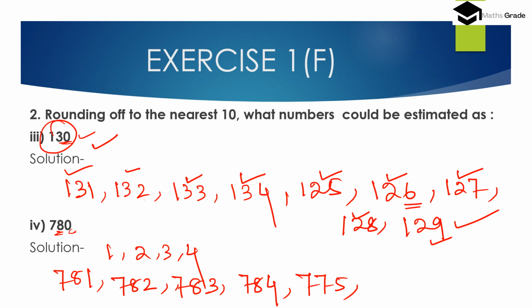Now 775 rounded to the nearest 10 will be 780. Now 776, 777, 778 and 779. These numbers rounded to the nearest 10 will be 780.